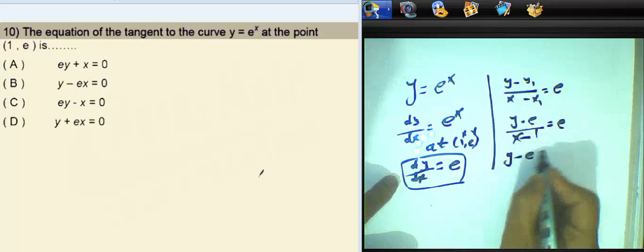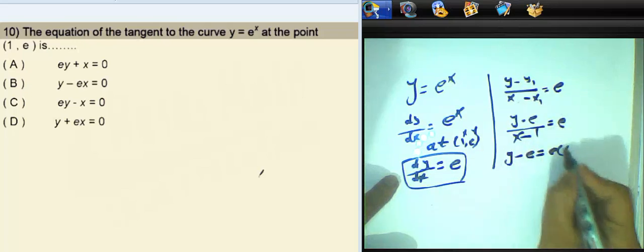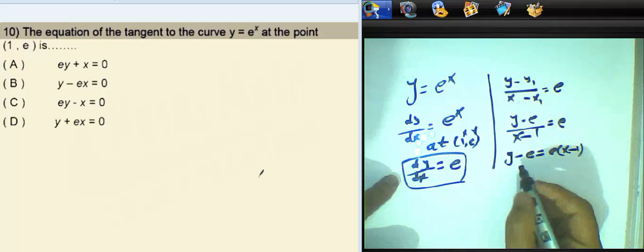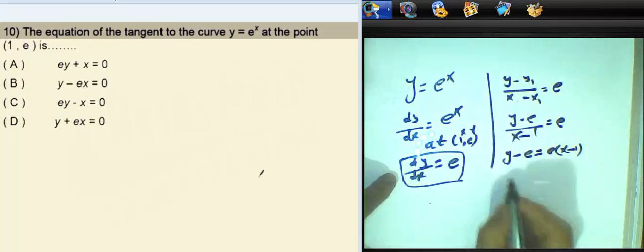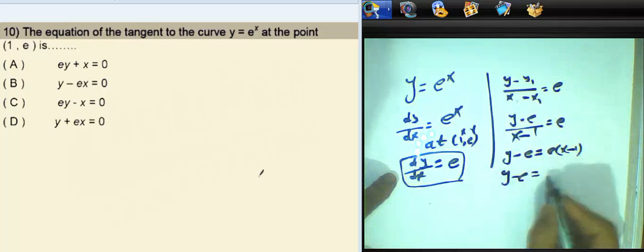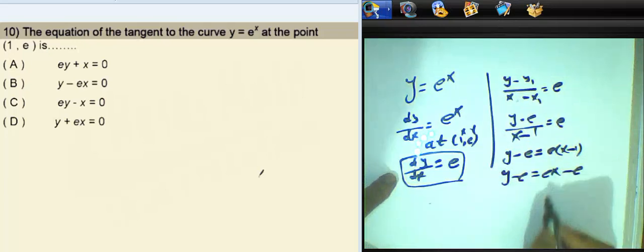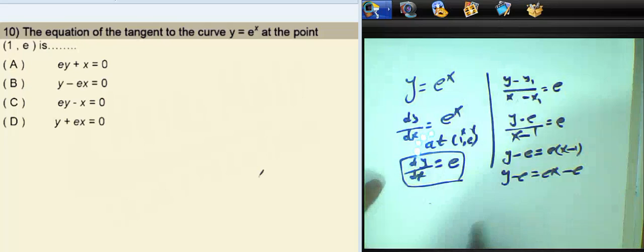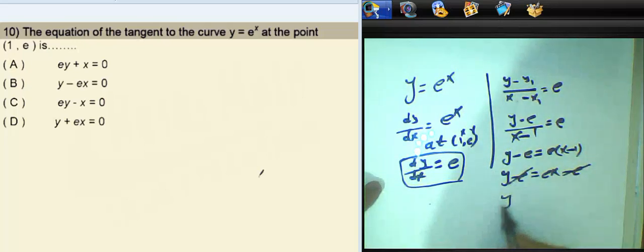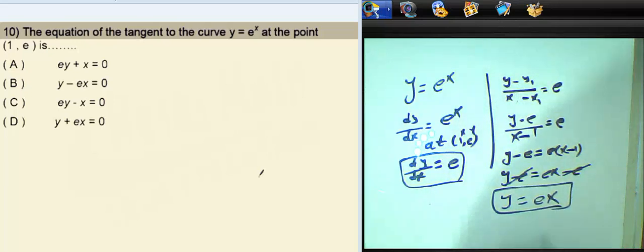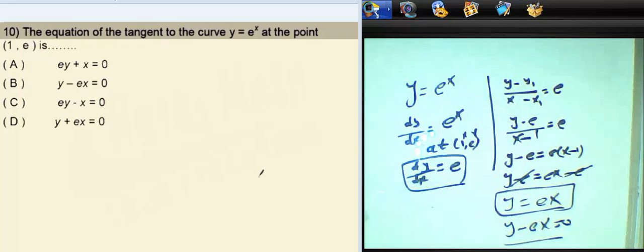Then y minus e equal e multiplied by x minus 1, and we can find this equation in the simplest form, y minus e equal ex minus e, and then by cancelling negative e by negative e, y equal ex. It's the equation. y minus ex equal 0. Choose letter B about this function.